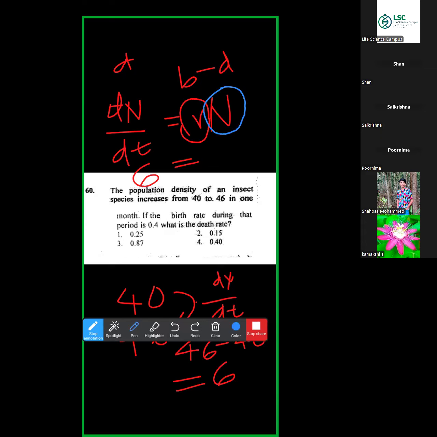We don't know this R value, so we take it as R. Then we have the N value, given in the question: the initial population size is 40. So R into 40. Now we can find the R value. R is equal to 6 by 40. So the R value will be 0.15. Is it clear?